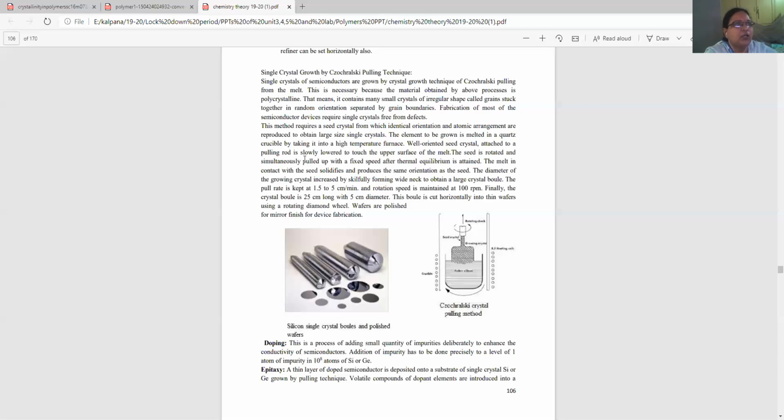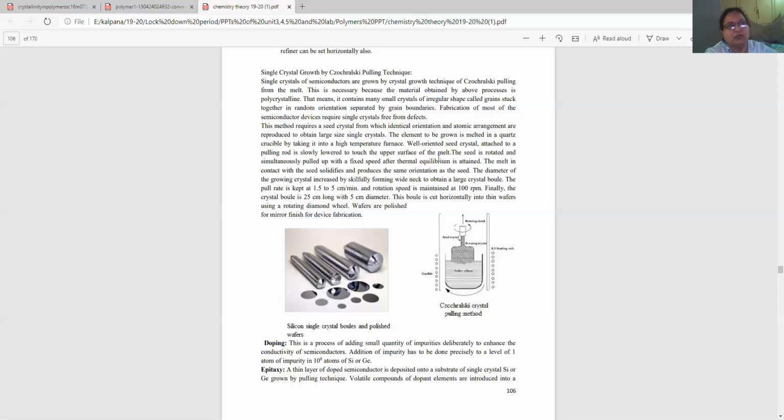Right? So now the element to be grown is melted in a quartz crucible by taking it to a high temperature furnace. A well-oriented seed crystal attached to a pulling rod is slowly lowered to touch the upper surface of the melt.